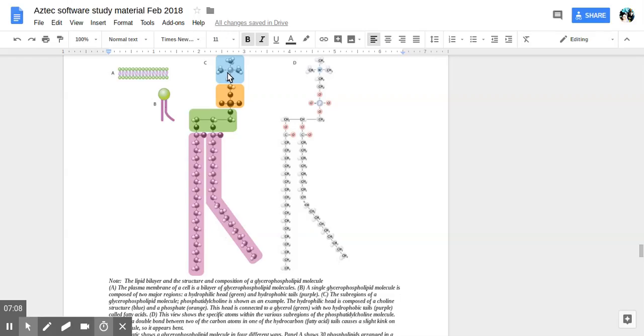Phosphatidylcholine is shown as an example. So the hydrophilic head is blue, the choline structure. Phosphate is in orange. The head is connected to glycerol in green. Two hydrophobic tails in purple. So all three of these, blue, orange, and green, are hydrophilic. The purple is hydrophobic.